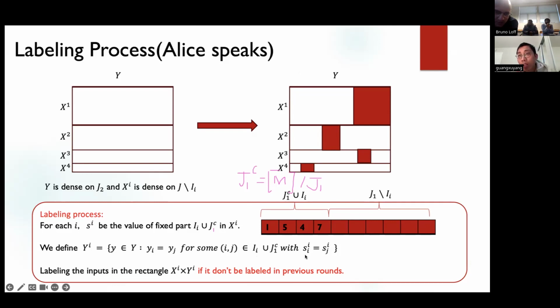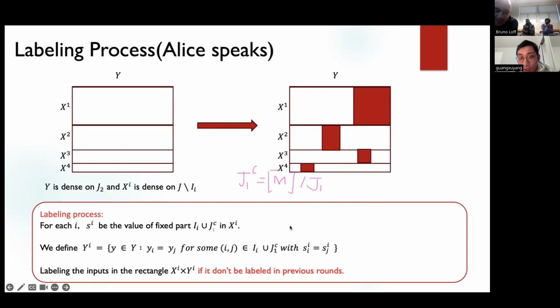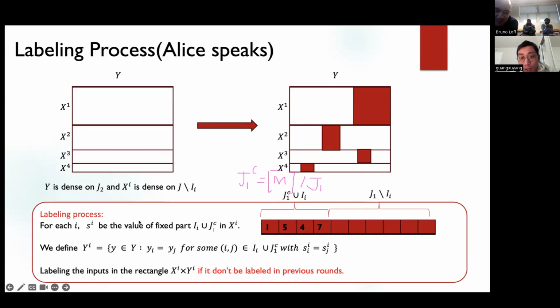Do you agree that there's no parentheses between this I and J, Guangxu? No parenthesis. To the left, to the right.